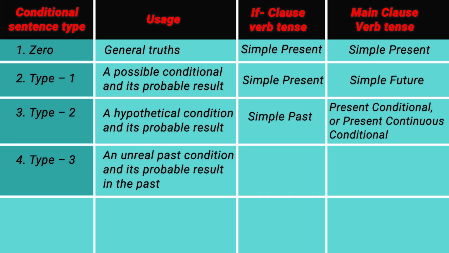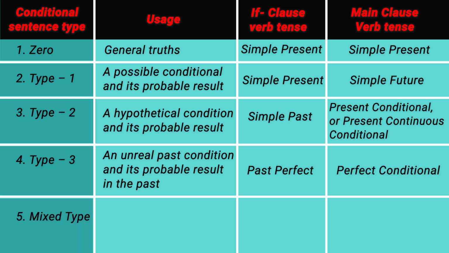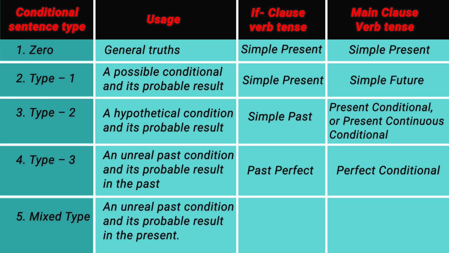The if clause verb tense is past perfect and the main clause verb tense is perfect conditional. Number 5, mixed type conditional, usage an unreal past condition and its probable result in the present. The if clause verb tense is past perfect or simple past and the main clause verb tense is present conditional or perfect conditional.